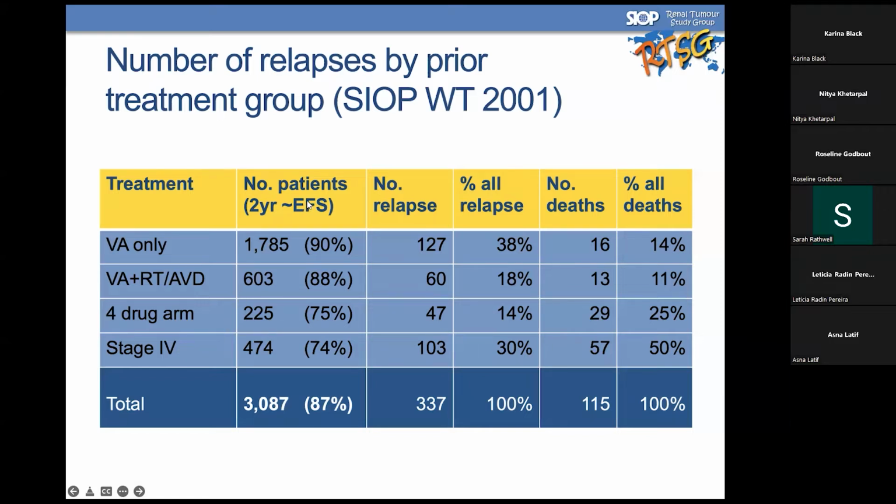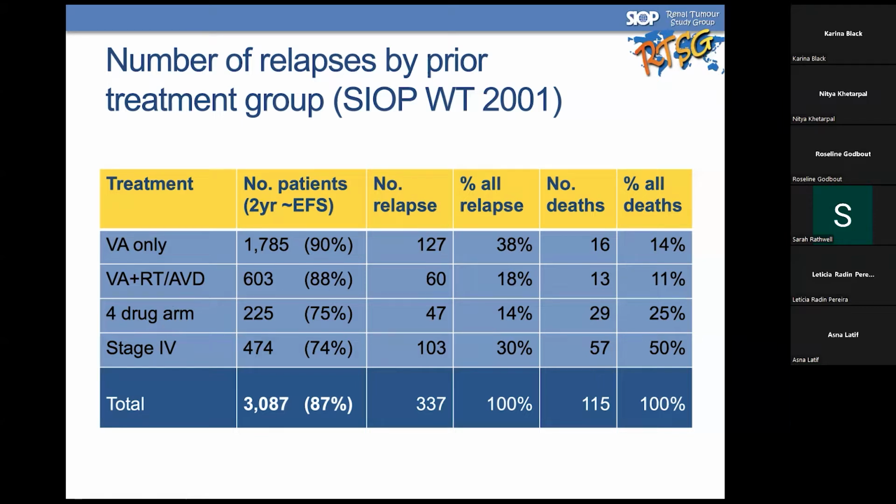And you see here the number of patients, and the majority are treated here in the low-risk group with vincristine, actinomycin only. And they have a survival rate of 90%. And the survival rate is going down, the higher the risk is, and the more the treatment is given.